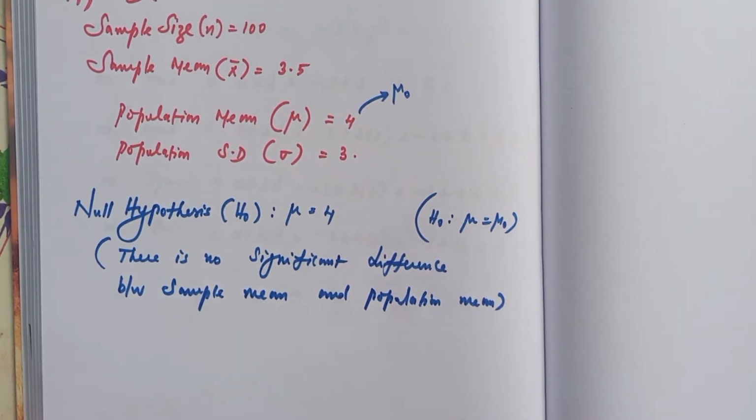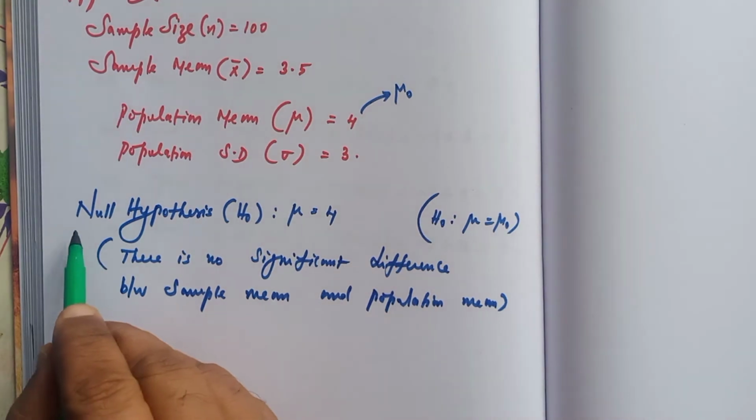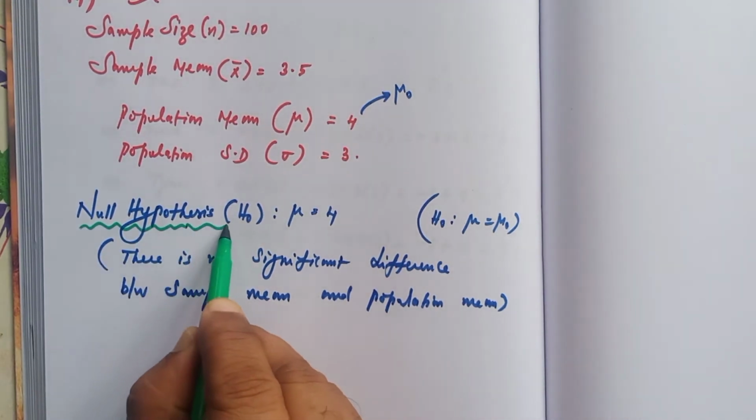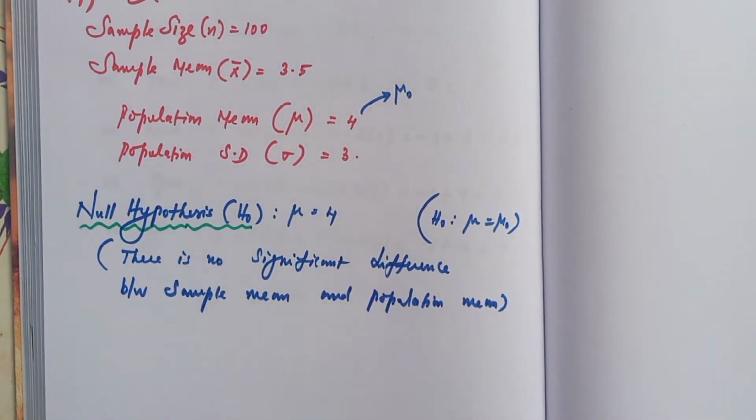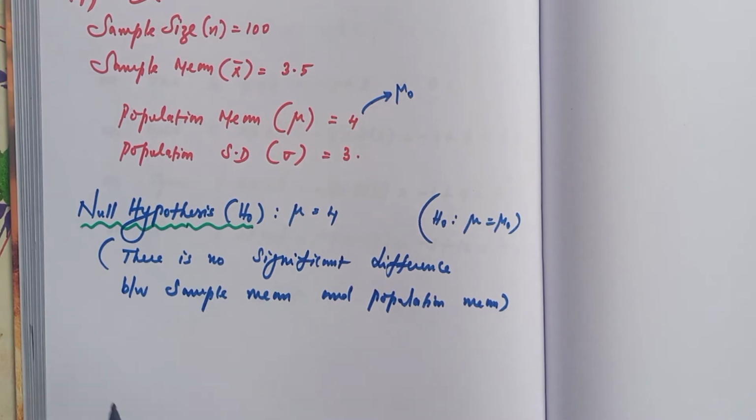We are fixing, that means we are fixing that the given condition is correct. That is the null hypothesis. After that, the alternate hypothesis.